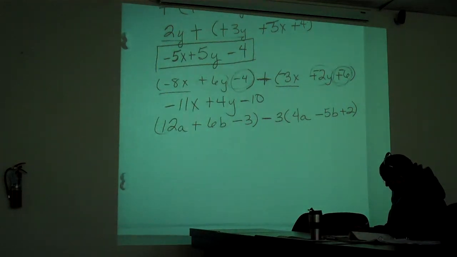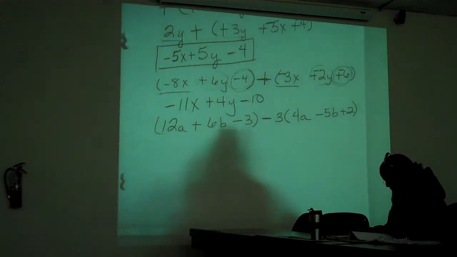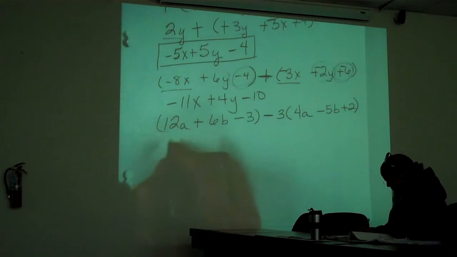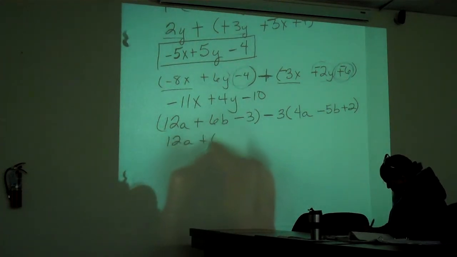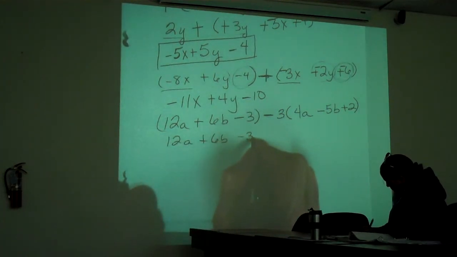Okay, let's go ahead and use the next row. Rewrite this without parentheses. 12a plus 6b minus 3.